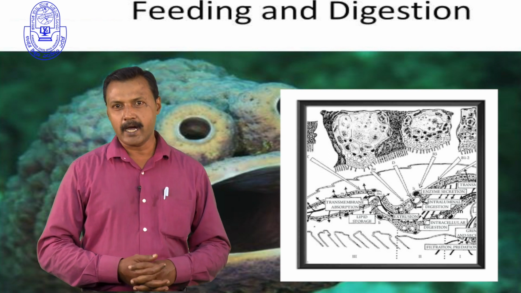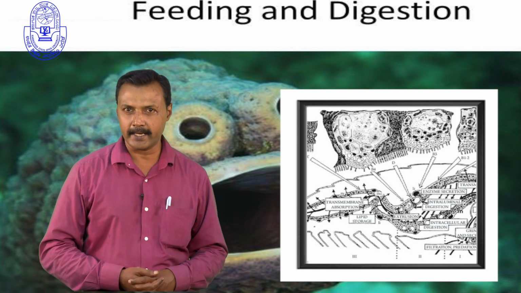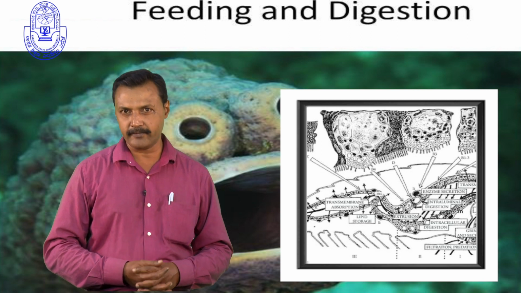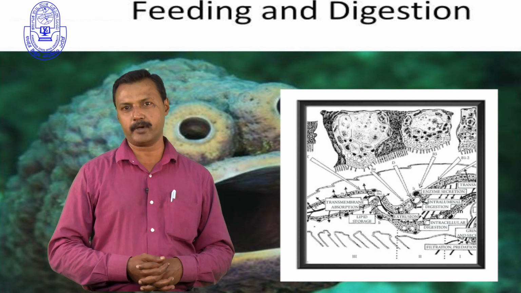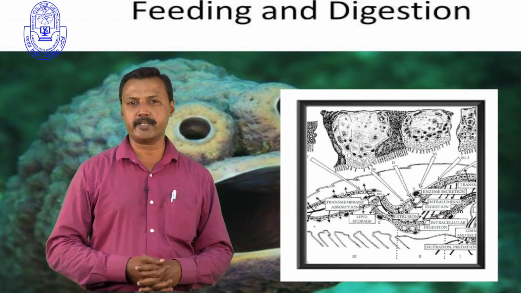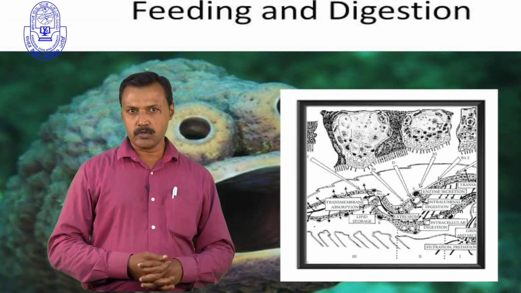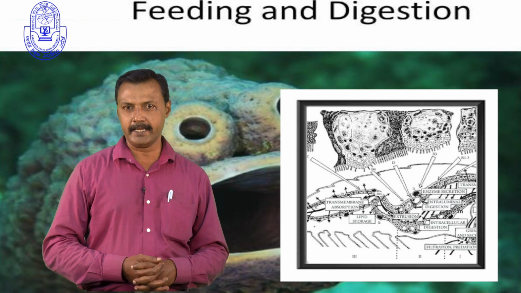Polychaetes are animals that belong to the phylum Annelida. In this phylum, as the name itself indicates, these polychaetes have numerous setae distributed on every segment of the body.